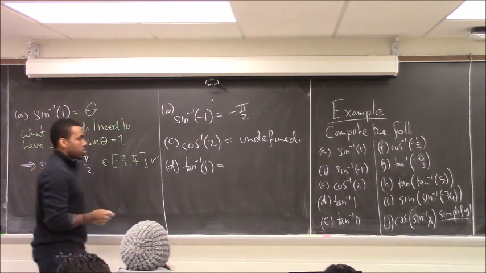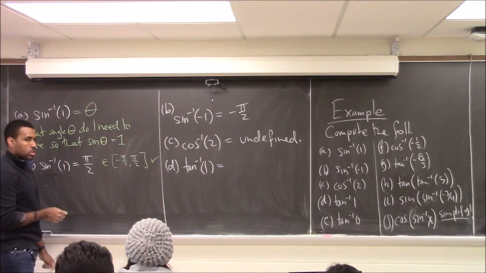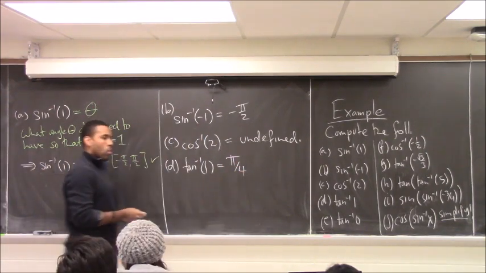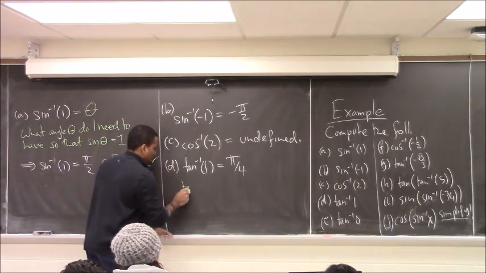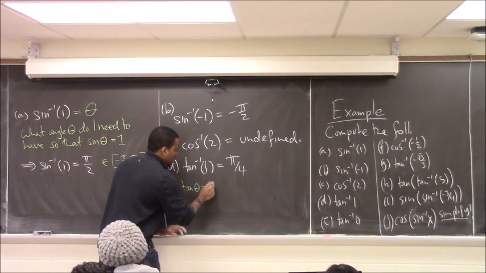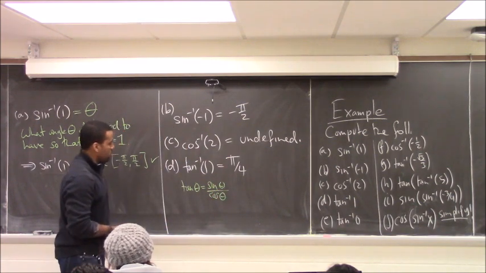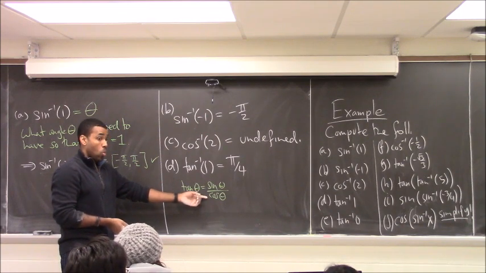What angle do I need to plug into tangent in order to have 1 as the output? 45 degrees, pi over 4. Why is that? Because remember, tangent theta is equal to the sine of theta over the cosine of theta, which means in order for this to output 1, the sine and the cosine must give me the same value. When does that happen?